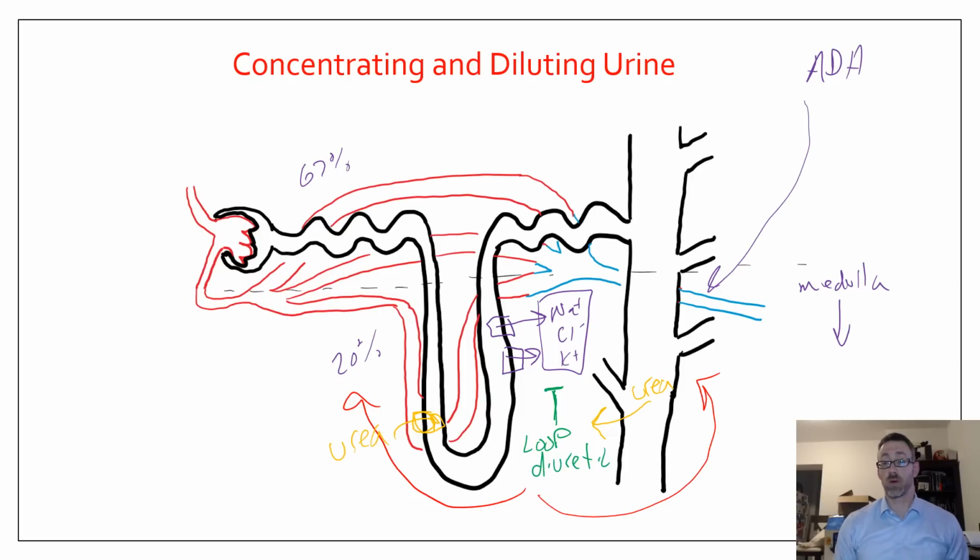So in fact, the last point I want to make is that the established gradient in the medulla relies on primarily sodium, chloride, and urea. Urea is a significant contributor to the concentration that helps to pull water out of the collecting duct there in the presence of ADH. So ADH not only augments those receptors that put sodium chloride there, but it also increases the permeability of urea in the collecting duct, so urea can increase in concentration in the medulla and help to draw water out as well.